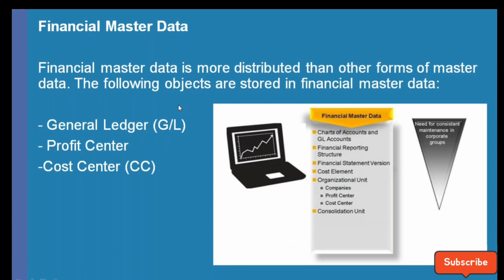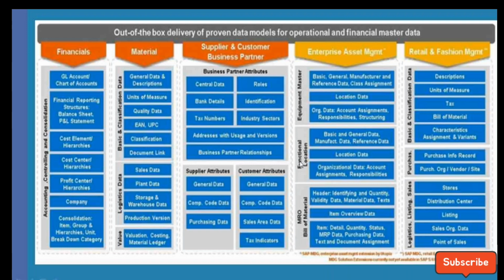Then financial information. Similarly, in the financial information, we will have the GL account, then profit center, then cost center, then profit center group, cost center group, company, etc. And this is how it looks.